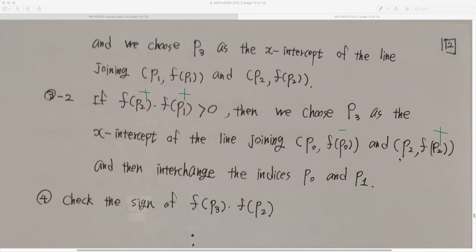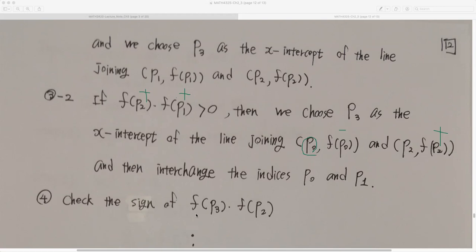Okay. So now we're going to interchange the indices P0 and P1. So now P0 is going to be P1. All right.